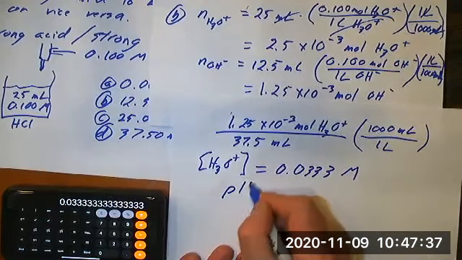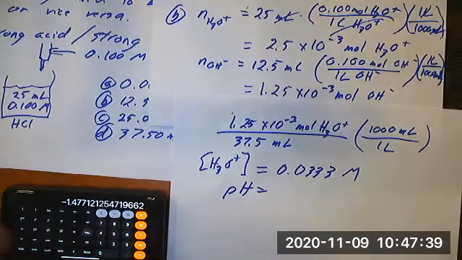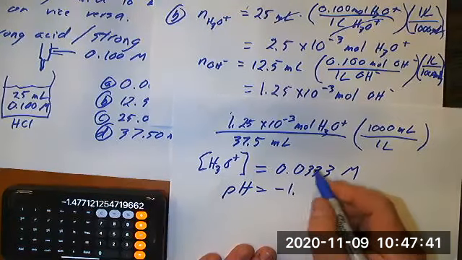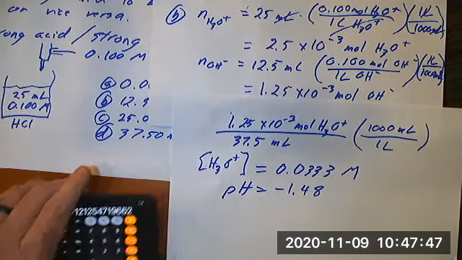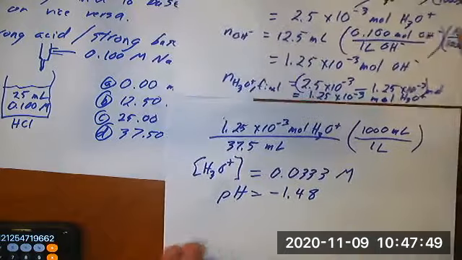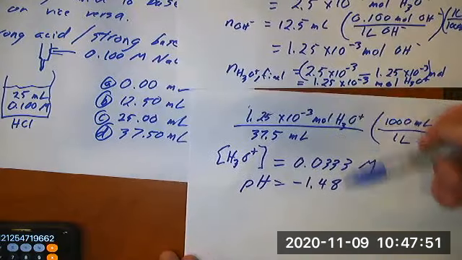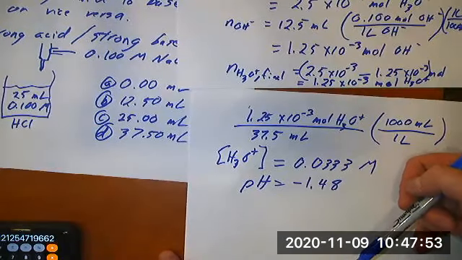And so our pH is going to be minus 1.48. Okay. So do we have any questions up to this point on this?